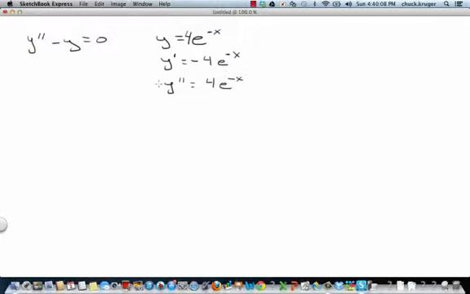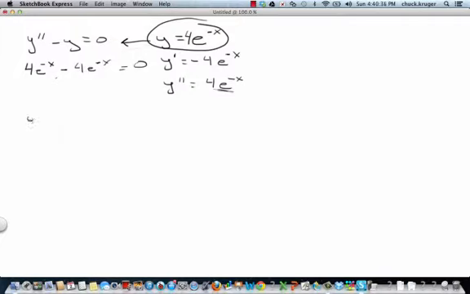Now I'm going to substitute both of these in, and so I have 4e to the negative x minus 4e to the negative x, because that's what y is. When I subtract them, I do get 0. So this is a solution to that differential equation because it equals 0.